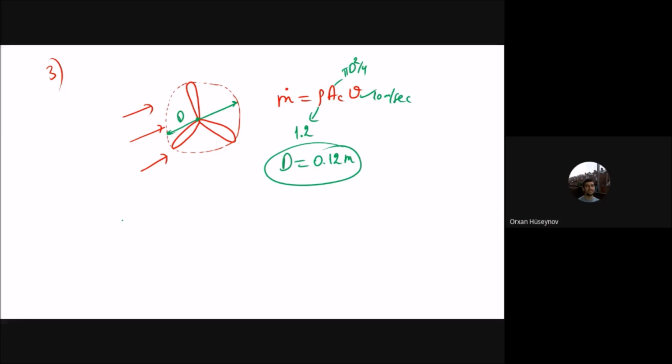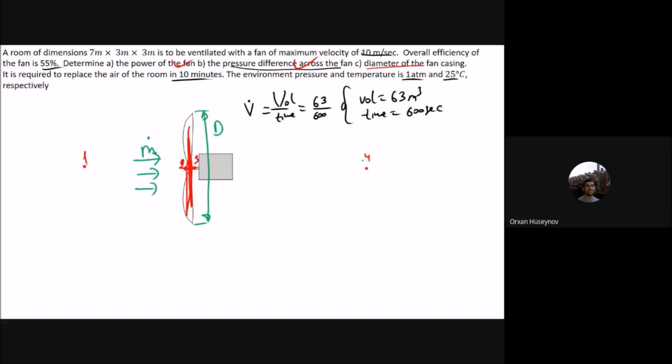But you can also get a simpler approach. The simpler approach is that the density doesn't change. It will be incompressible. Therefore, V dot will be constant. If V dot is constant, that will be equal to area times the velocity. And the V dot is given in the question. That is 63 by 600.